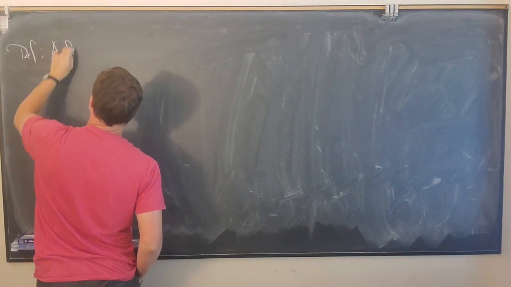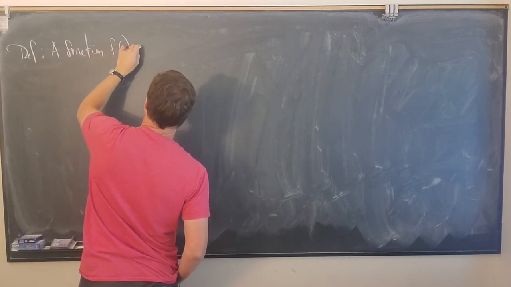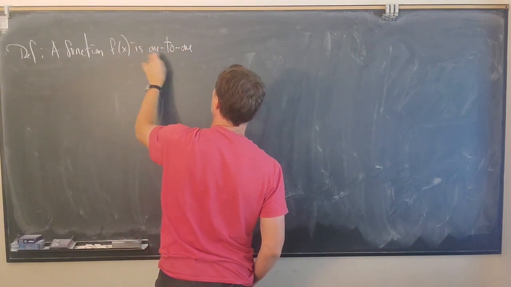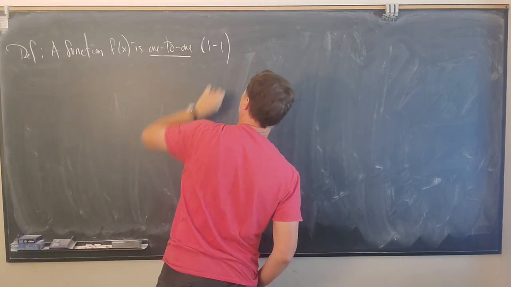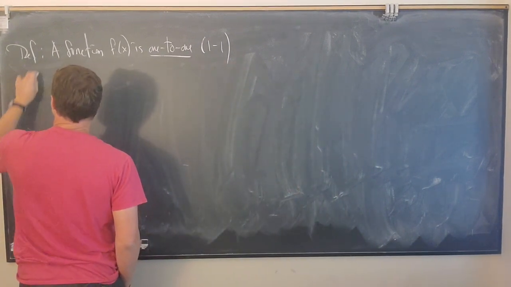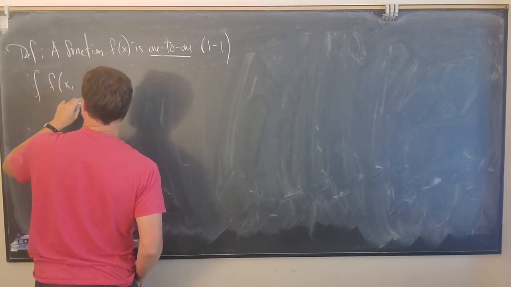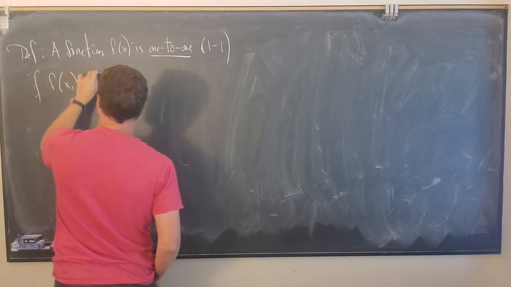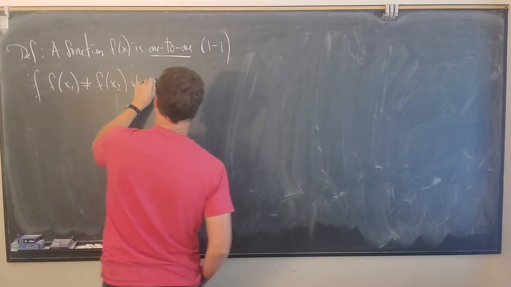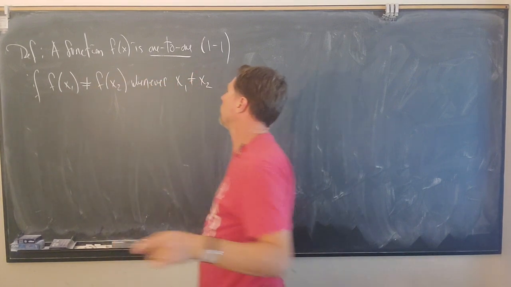A function f of x is 1 to 1, which I usually abbreviate as 1-1, if f of x1 is not equal to f of x2 whenever x1 is not equal to x2.